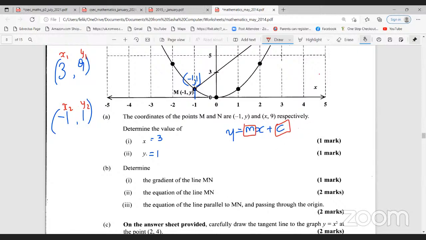So let me put this down. The general form for the equation of a straight line. So that's it here. Y equal mx plus c.